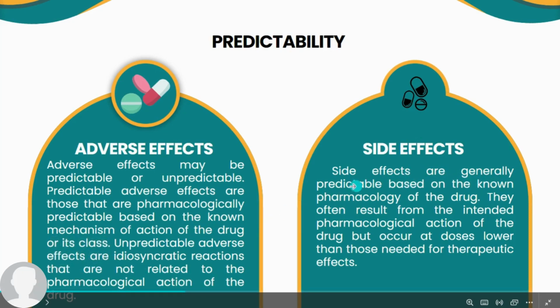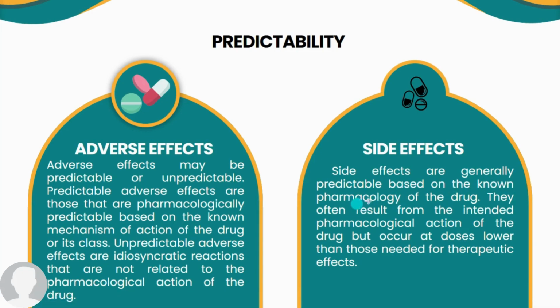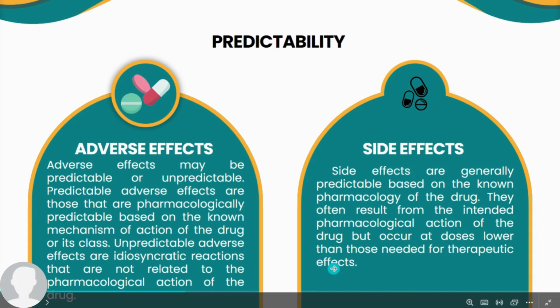Side effects are generally predictable based on the known pharmacology of the drug. Remember that side effects are predictable through the pharmacology of the drug. They often result from the intended pharmacological action of the drug but occur at doses lower than those needed for therapeutic effect.